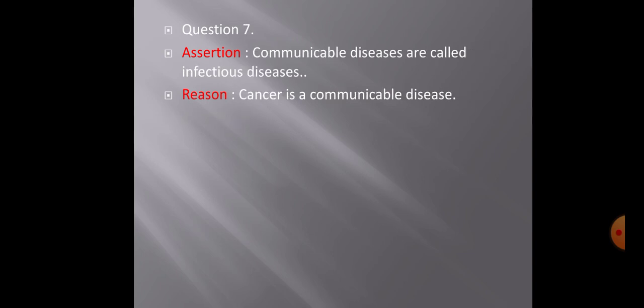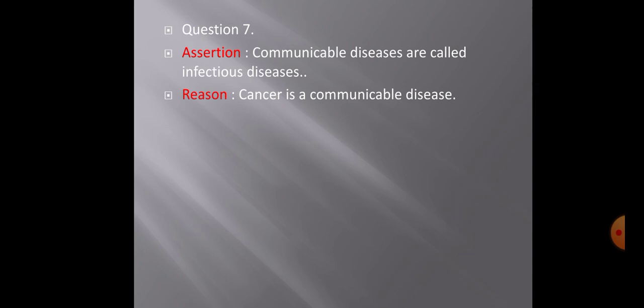The 7th question here: the assertion says communicable diseases are called infectious diseases. Communicable disease, I have told you in my offline classes, and yesterday also I gave the explanation on non-communicable and communicable disease. Even so, let's once again recap it.